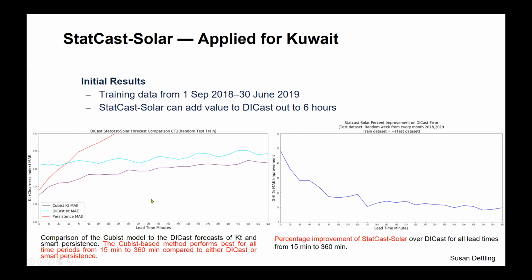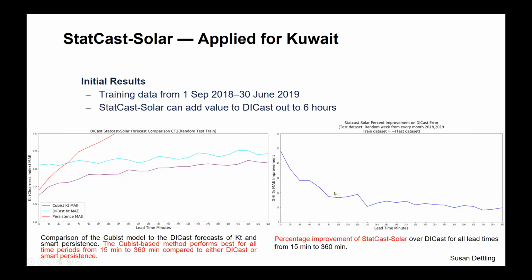As Sue Detling is applying this now in our Kuwait project, comparing to a clearness index persistence, the red curve in the left plot, and also comparing to Dicast on the very short range, the blue curve, we find the Cubist, the purple curve, does show large improvement.